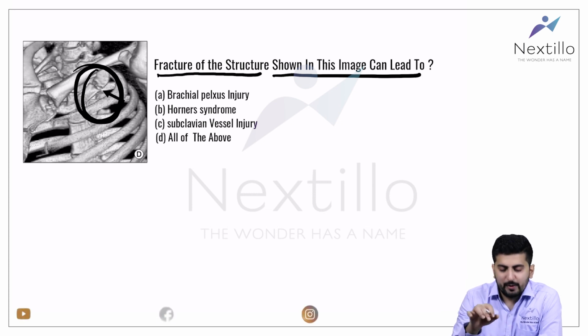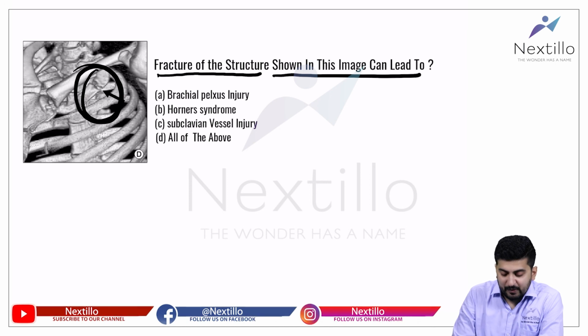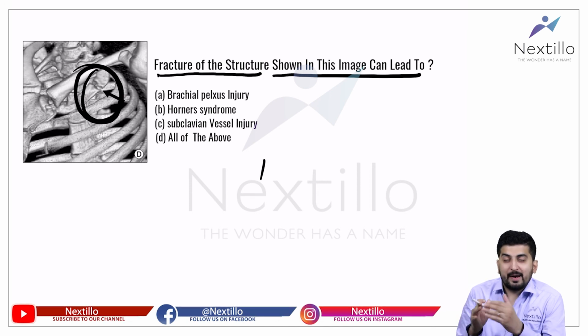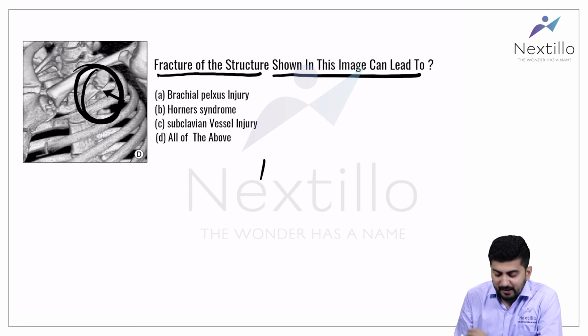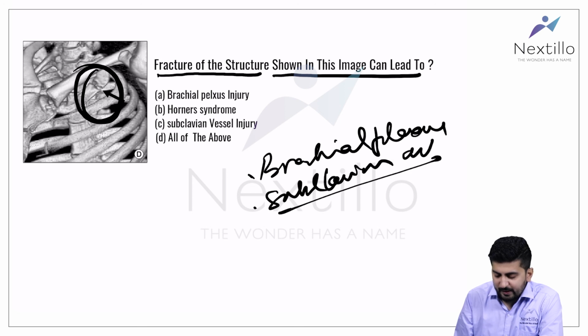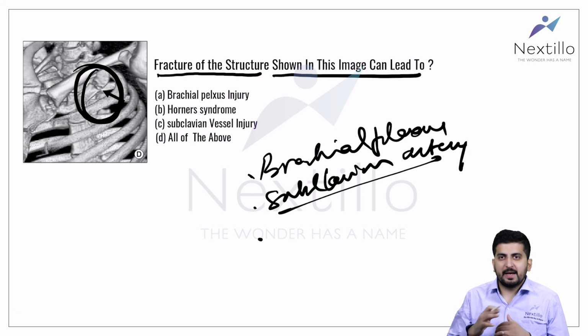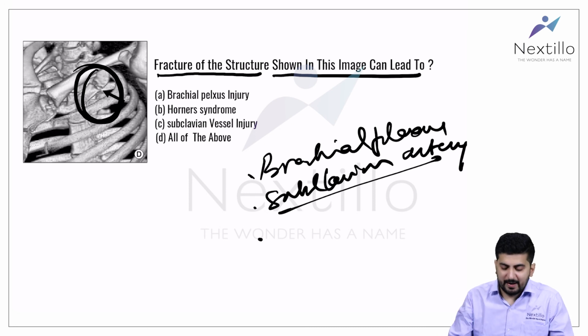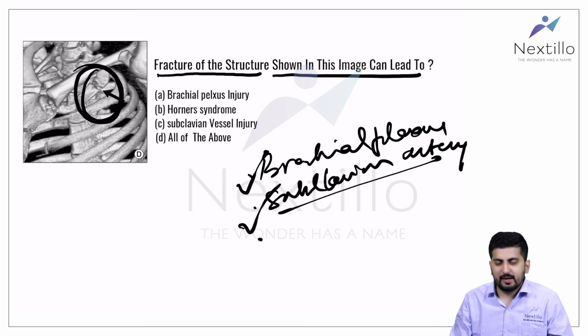What is important to remember is that the first rib lies in close proximity, rather just underneath, the brachial plexus and the subclavian artery, and hence any injury to the first rib can injure the brachial plexus as well as the subclavian artery.